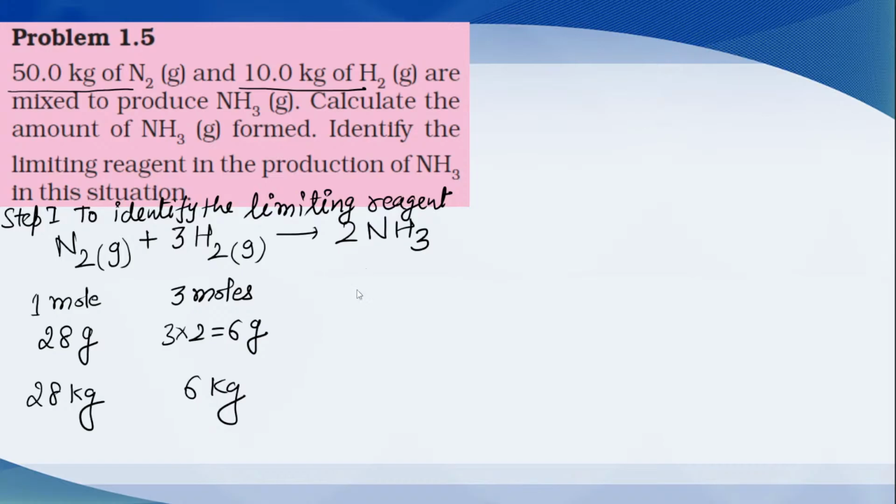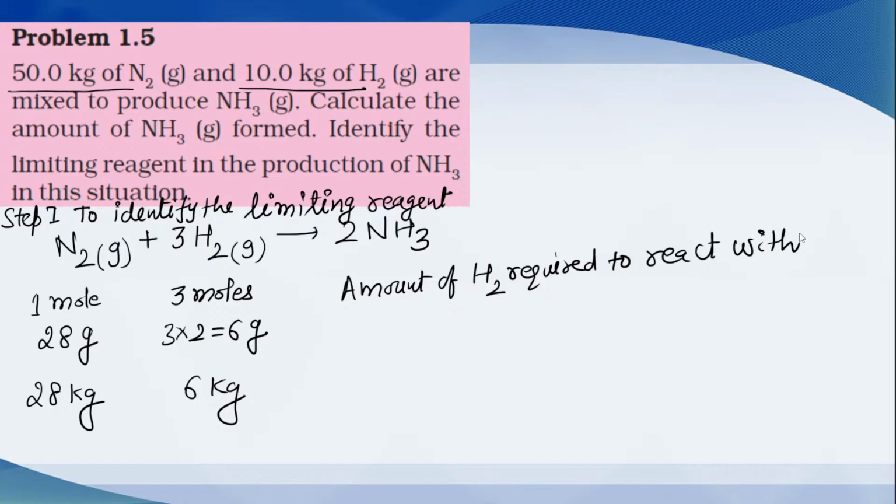First we will write the amount of hydrogen required to react with 28 kg of nitrogen. So that is equal to 6 kg.